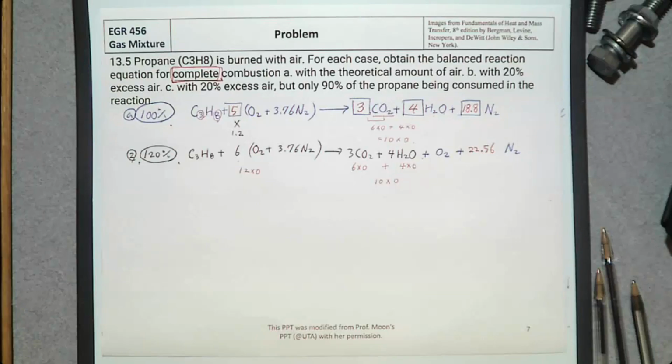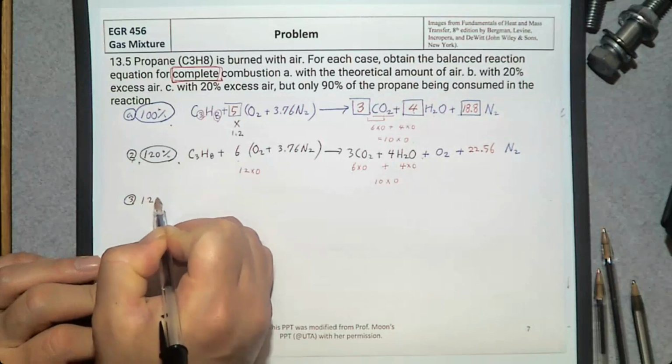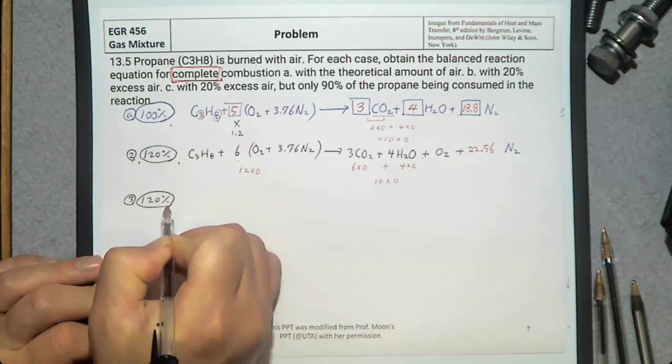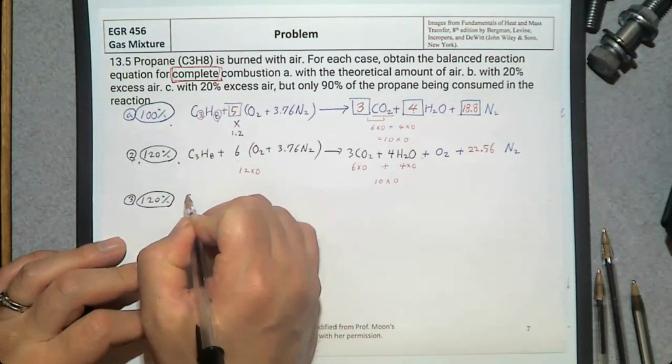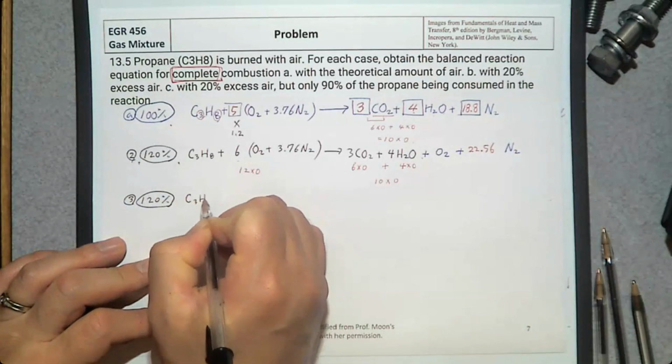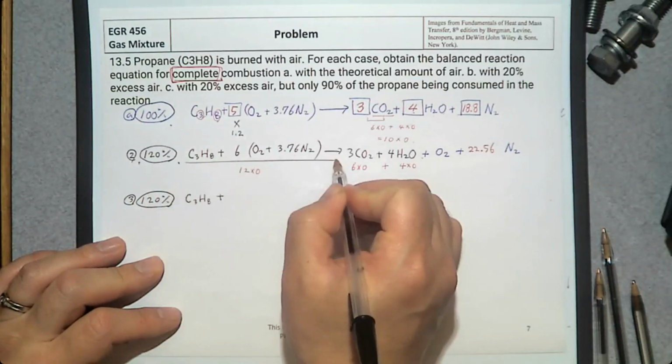The last one is we have 120% theoretical air, but this time only 90% of the propane is consumed in the reaction. So let's see. So we have propane left over in the product. Okay. So the left-hand side is the same.